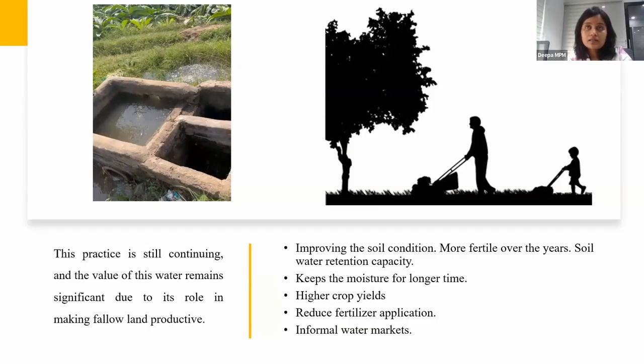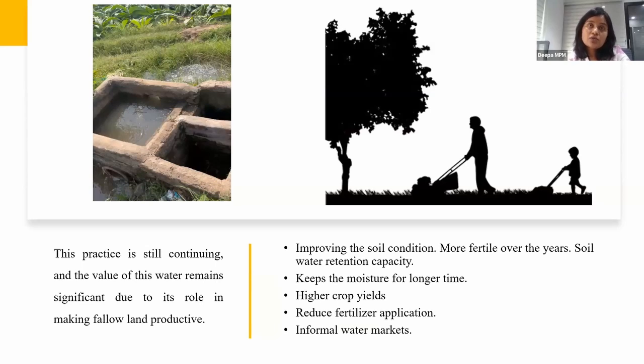Because of the organic matter content in the wastewater, it retains more moisture in the soil. They also mentioned that they are realizing higher crop yields compared to previous production levels. Not all, but a few farmers said that they have reduced fertilizer utilization.